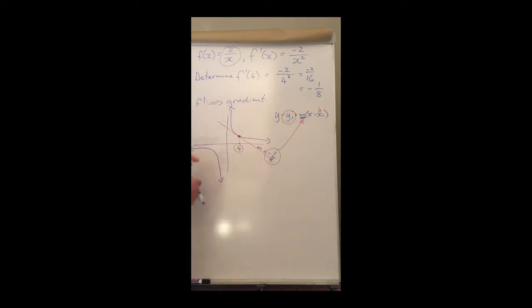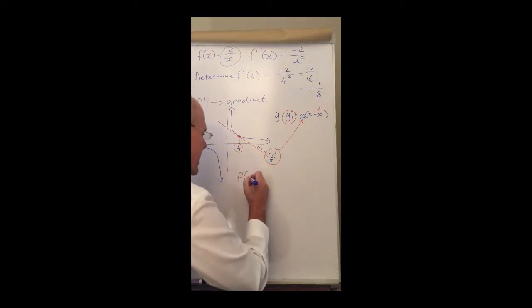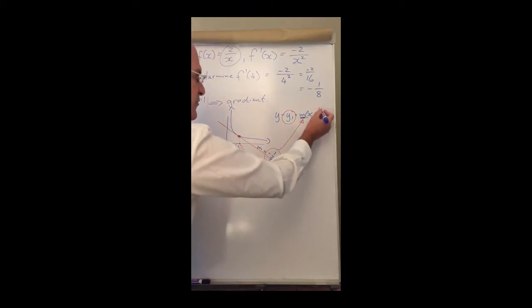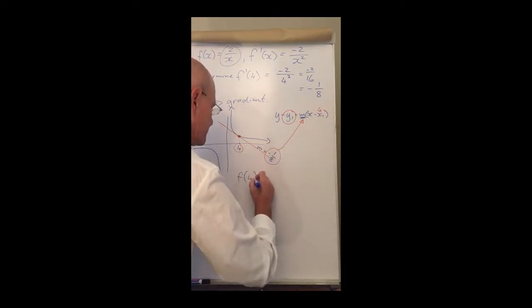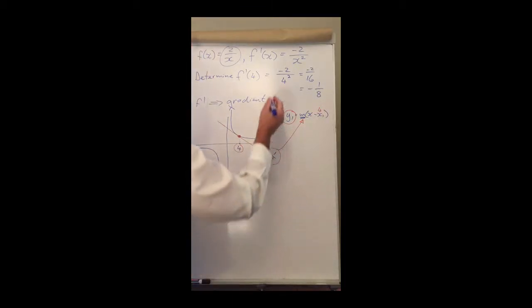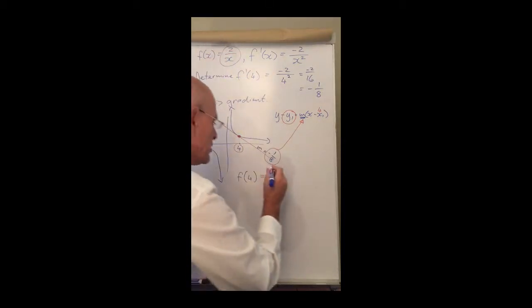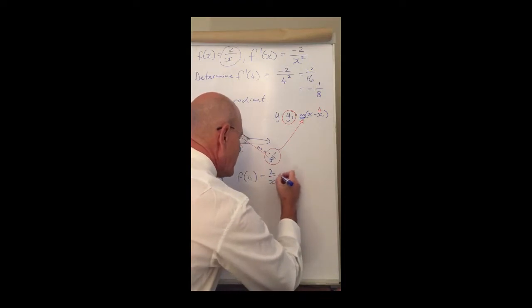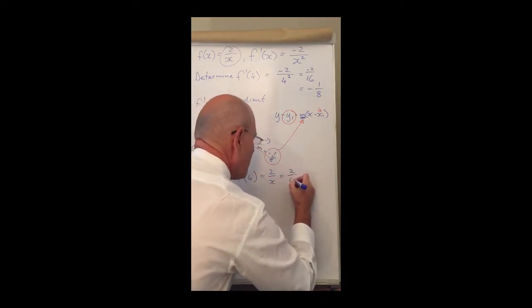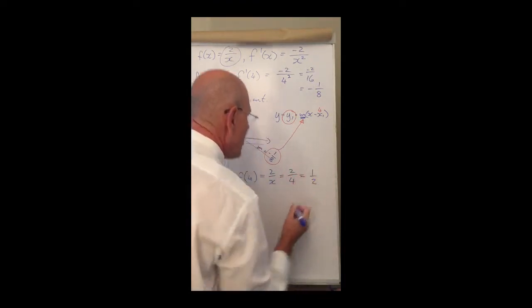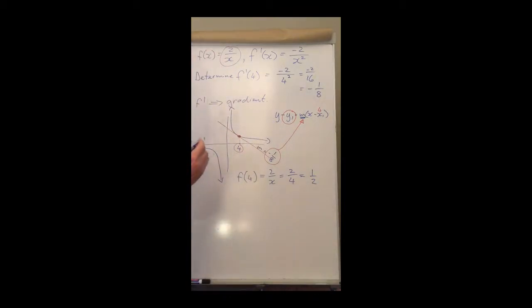So we use our hyperbola, our original f(x). We can say f of 4 is equal to, and remember this is the f(x) that we're going to use, 2 over x. So 2 over 4 is equal to a half. So the coordinate of this point is 4 and a half.